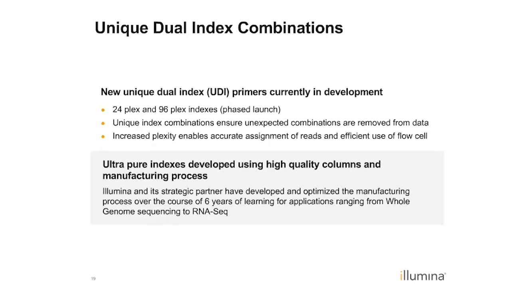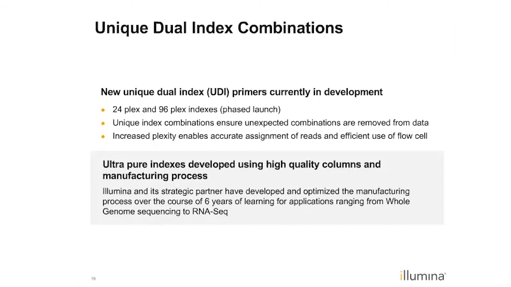These are the same kinds of adapters that work for PCR-free and all of our other TruSeq style preps. And these will be unique index combinations that will ensure that any unexpected combinations can be removed from the data. So we think this will allow very clean plexing up to 96-plex per lane using any of our flow cells on any of our systems.